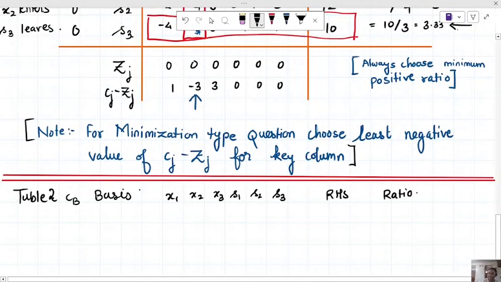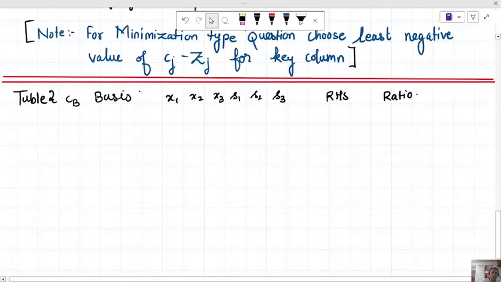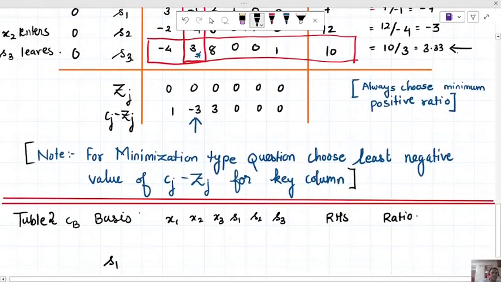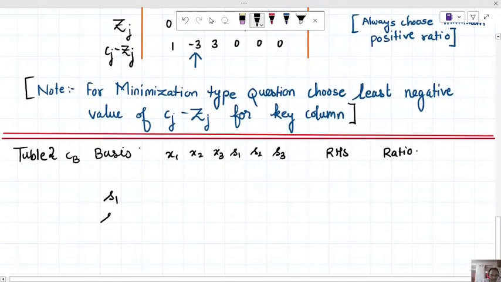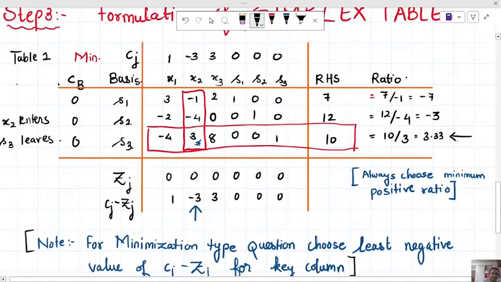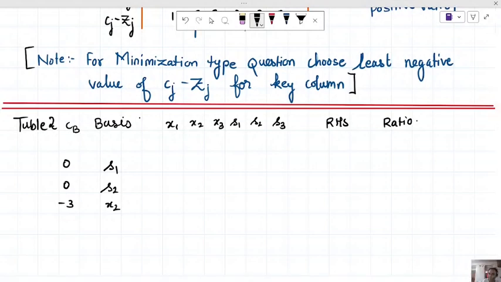The same thing is there, I am just writing it again; you may not write it again. So s1 comes here, s2 remains the way it is, and s3 becomes x2. And the minus 3 comes in the column of Cb. The others will remain 0 and 0.